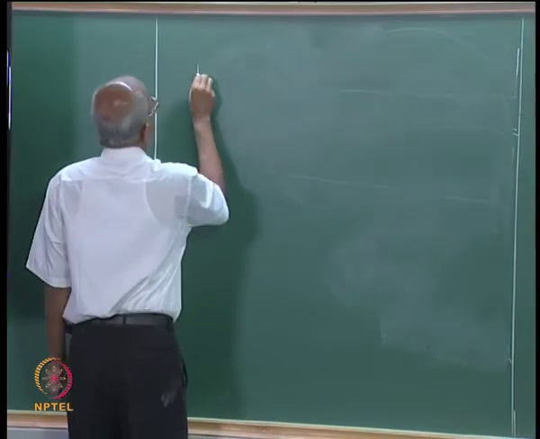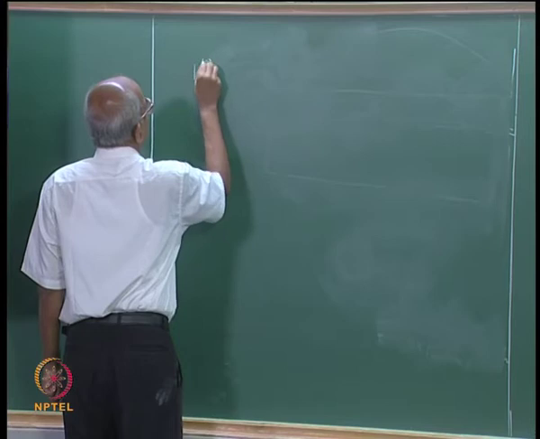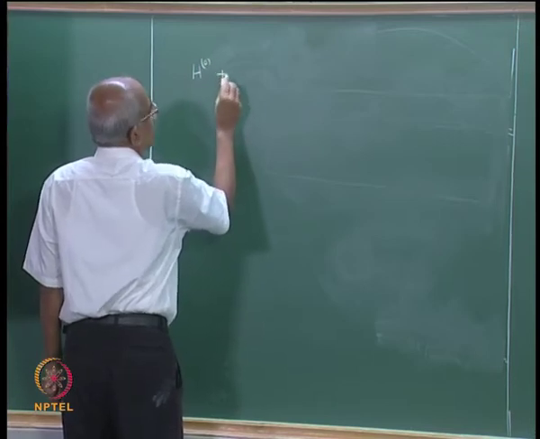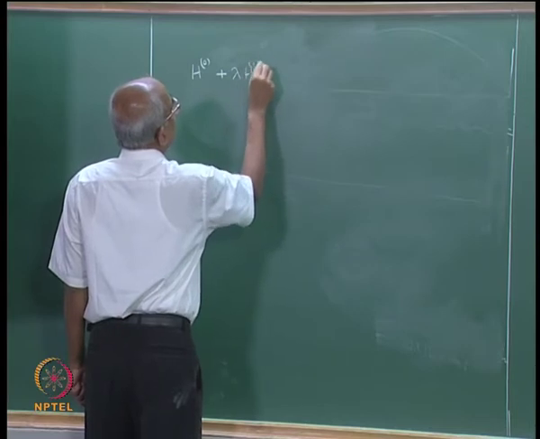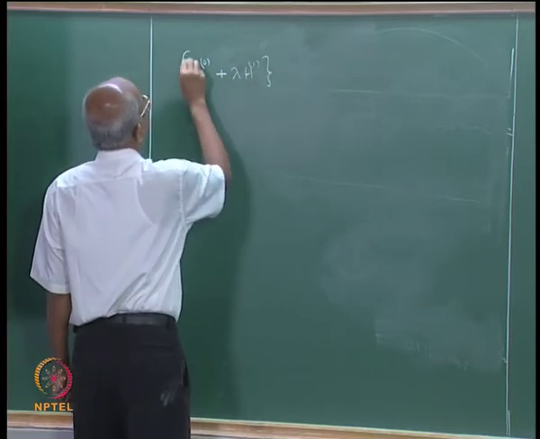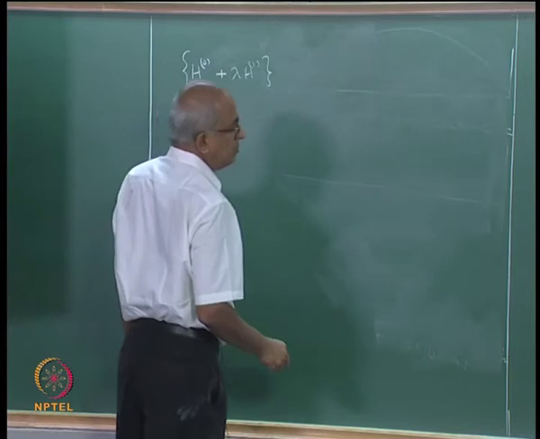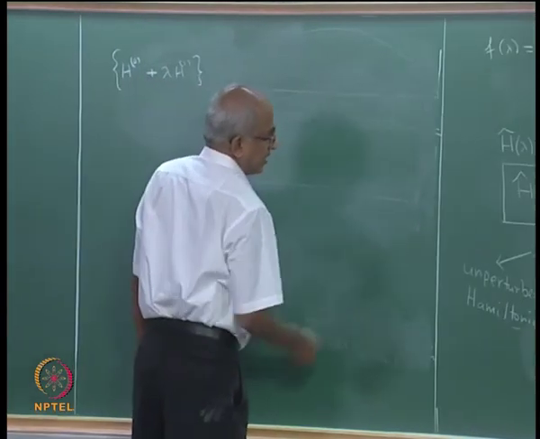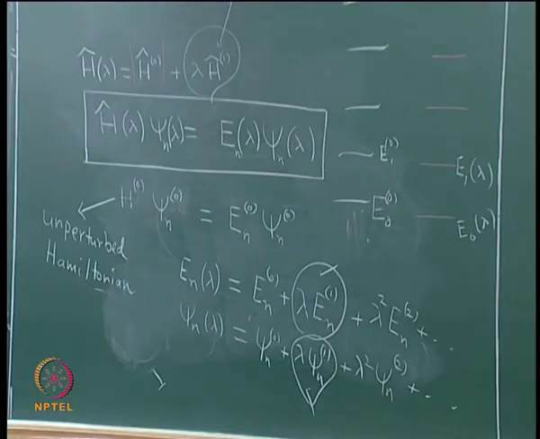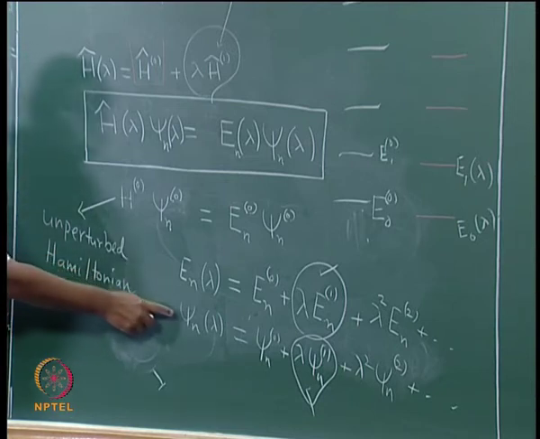So, I am going to say I would have h 0 plus lambda times h 1 operating upon psi n, where psi n is sitting here.